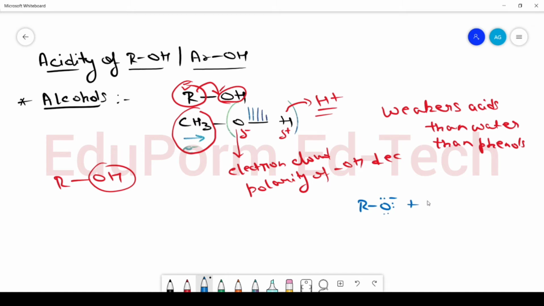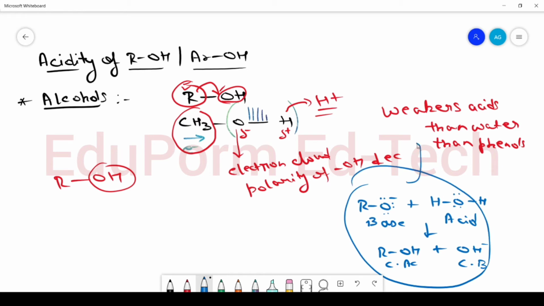If this reacts with water, that means HOH, then this acts as a base and this acts as an acid, and we get the formation of ROH, which is the conjugate acid, and OH negative, which is the conjugate base. So this reaction shows that alcohols are weaker acids than water.